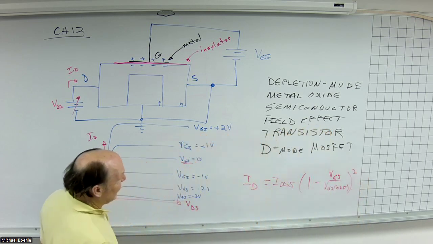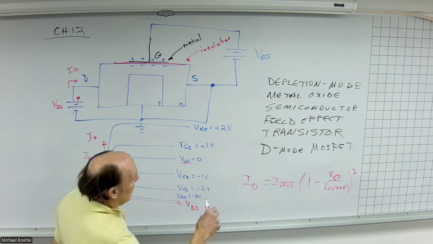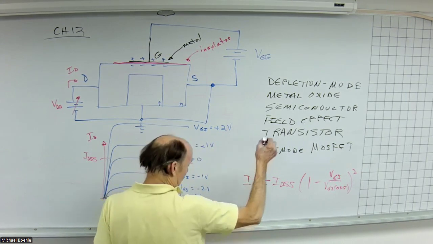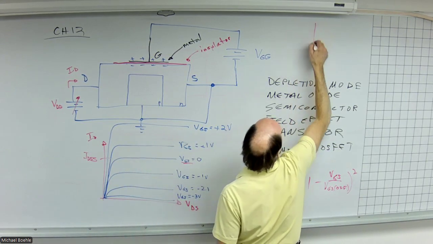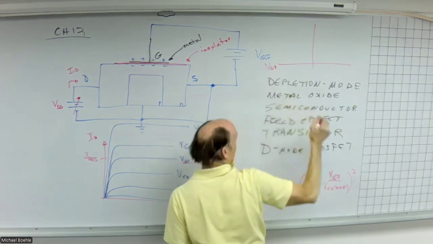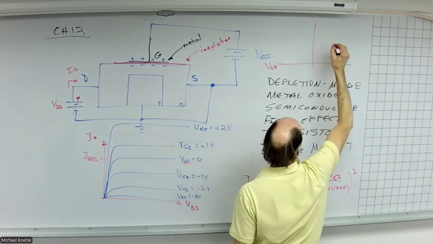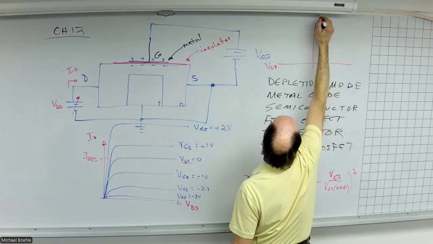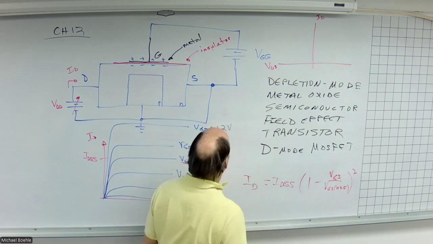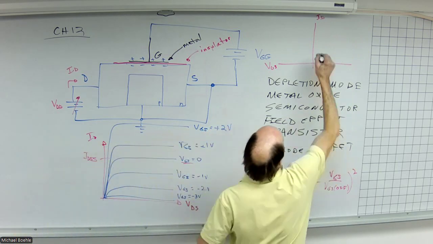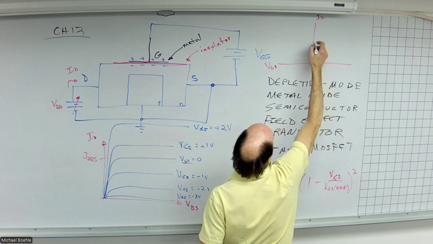The difference is when we draw our curve, so if I look at the gate source voltage and the drain current that results, at 0, I have basically this point right here, that's your IDSS.